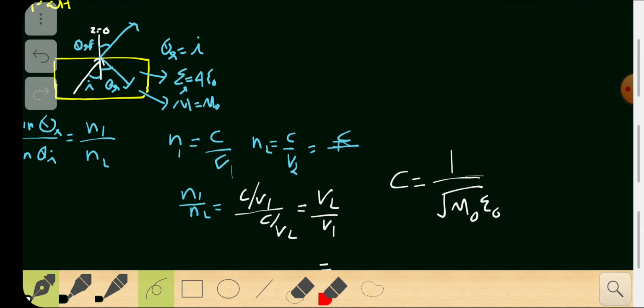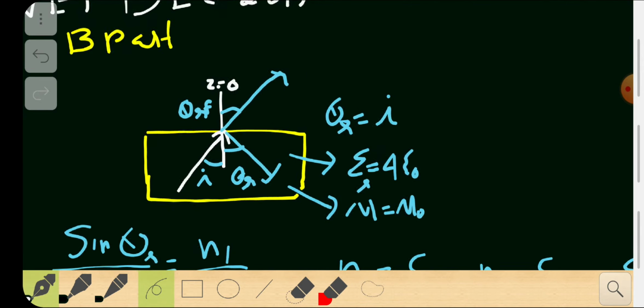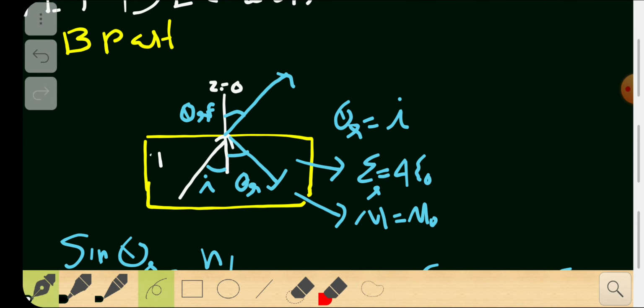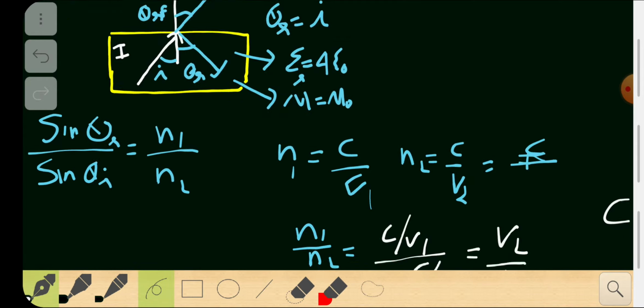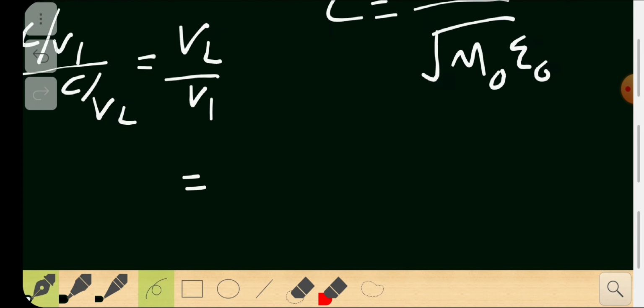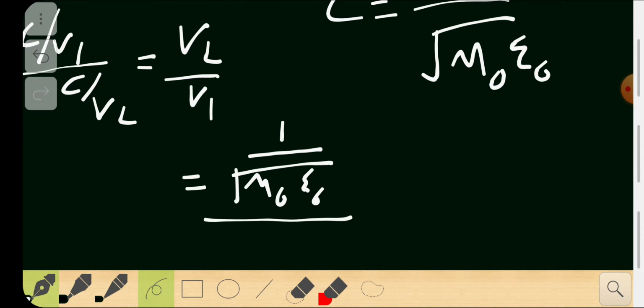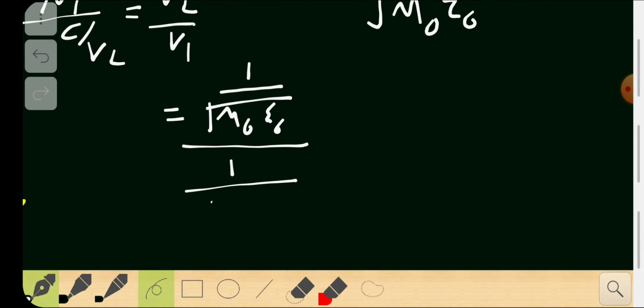The first medium is inside the dielectric and the second medium is the air outside, since the wave is coming out of a dielectric to the outside world. So v2 is the air, 1 by square root of mu 0 epsilon 0, divided by 1 by square root of mu r epsilon r for the first medium.